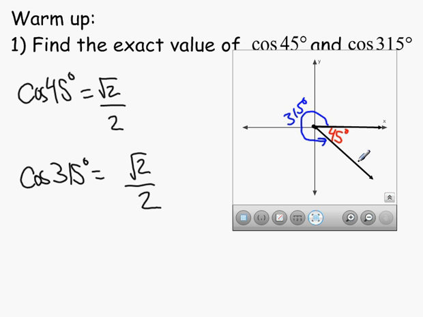As it turns out, cosine is positive in this quadrant, quadrant 4. So the cosine of 315 is the exact same thing as the cosine of 45 degrees. Same value, same sign. When I say sign, I mean positive. So they're both positive radical 2 over 2.